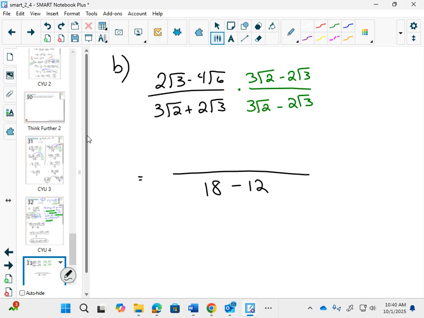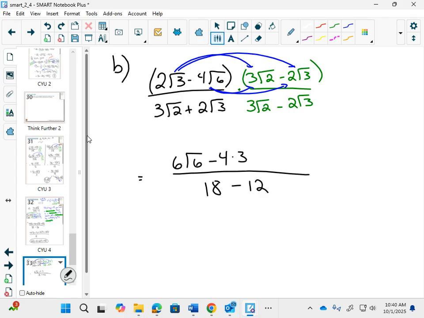On the top, it's this times this. So we need to multiply it all out, which will give me 2 times 3, 6, root 3 times root 2, root 6. 2 times -2, -4, root 3 times 3. Sometimes you can write this because you get too far. You're like, oh, root 3 times 3 is 3.